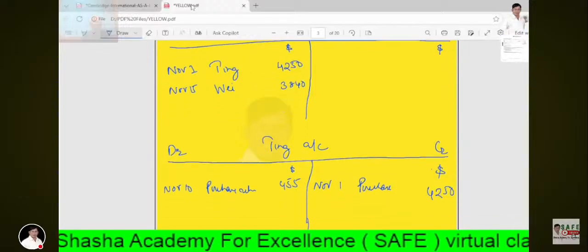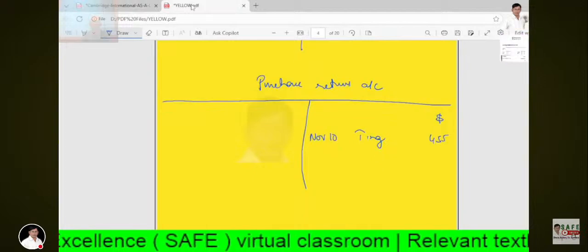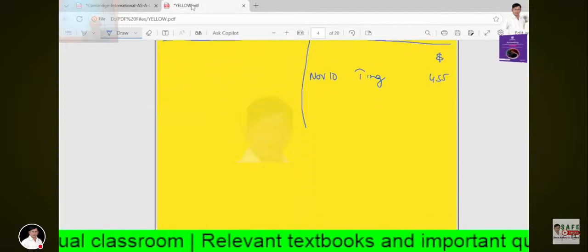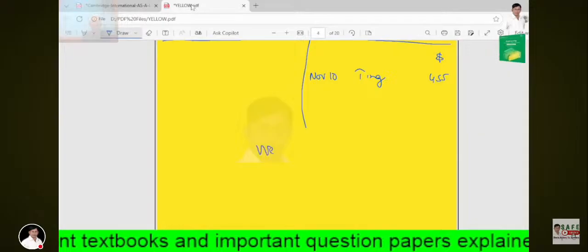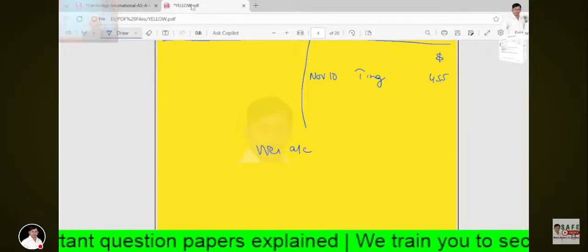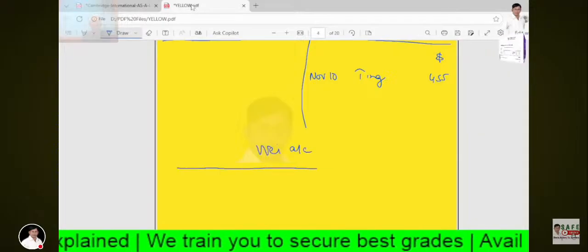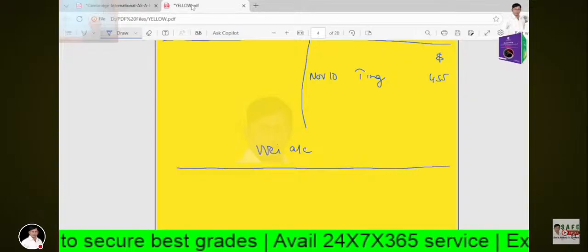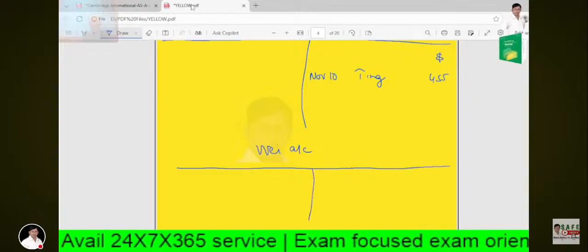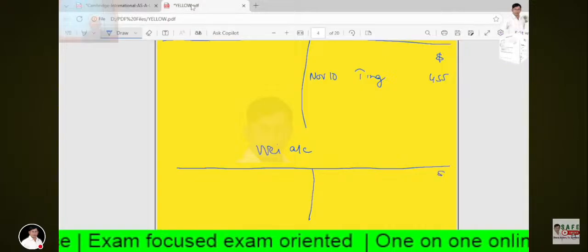Now we have to write it to V account. If it is not there, we have to open V account. So when we purchase, V would have given us the goods.